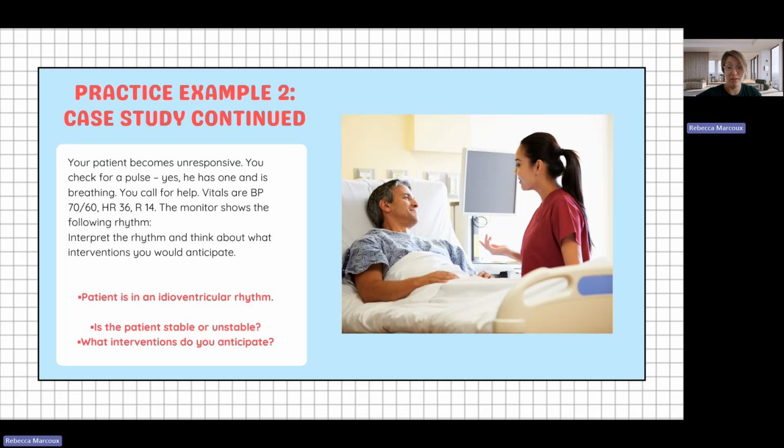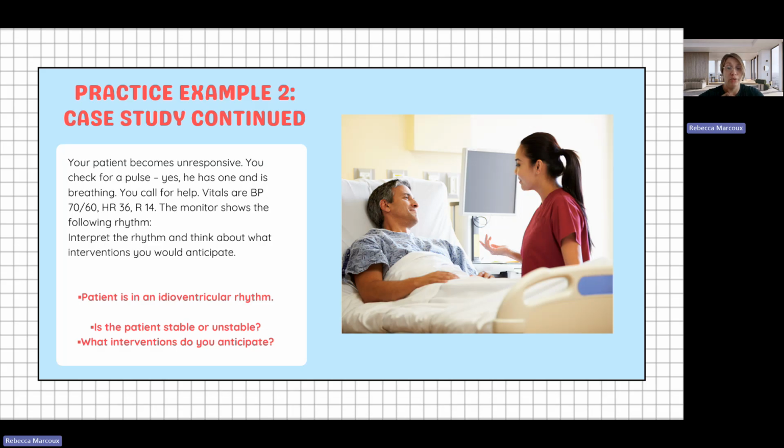So when we have an idioventricular rhythm, what interventions do you anticipate, and what should we do as nurses? As nurses, we want to call our MD stat or a rapid response team.